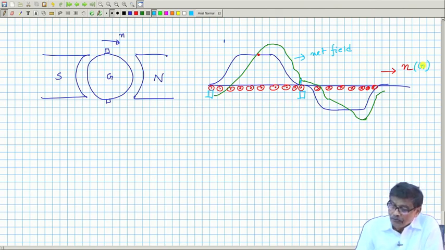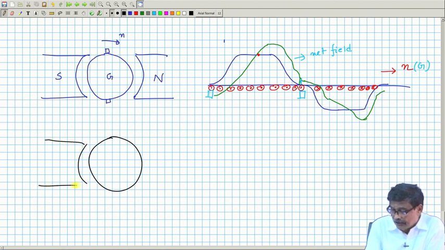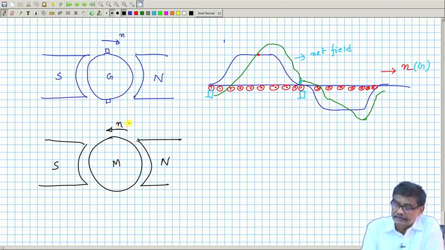Okay. Now, what happens if it is a motor mode? If it is a motor, let me draw quickly and I will tell you one very useful tip, so that we need not struggle anymore. Suppose this is motor mode, and the direction of rotation is n here, and these are the brushes, these are the conductors.